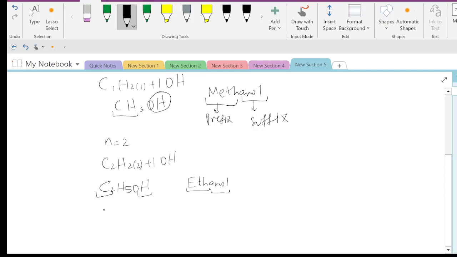Similarly for n is equal to 3, it will be C3H(2×3+1)OH, and that will become C3H7OH. So that is prop, because three carbons, and enol: propanol. Where prop is actually the prefix and enol is actually the suffix. Getting that?